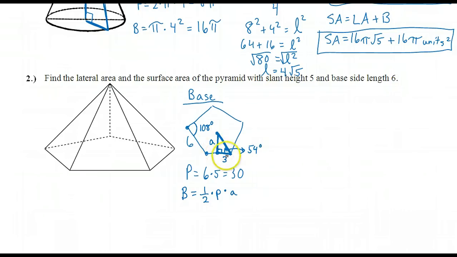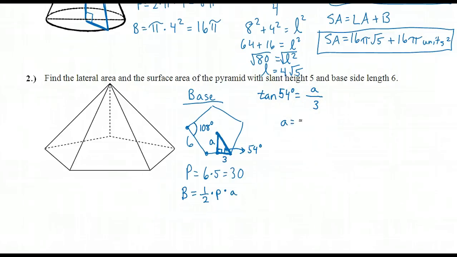To figure out my apothem, since this is 54 degrees, I can't use my special right triangle rules. I have to use trig. In this case, I want to use tangent. So the tangent of 54 degrees equals the side opposite my angle, A, over the side adjacent to my angle, 3.